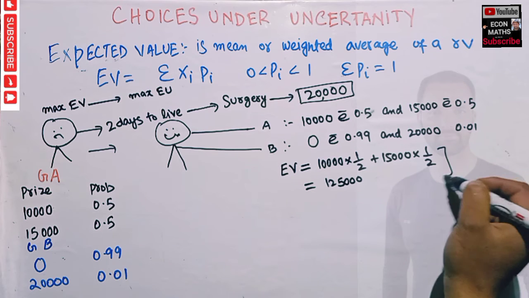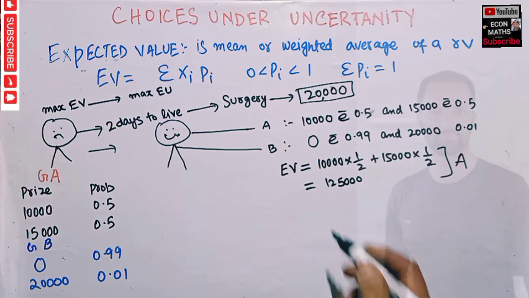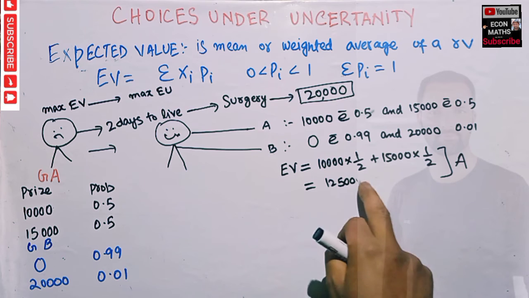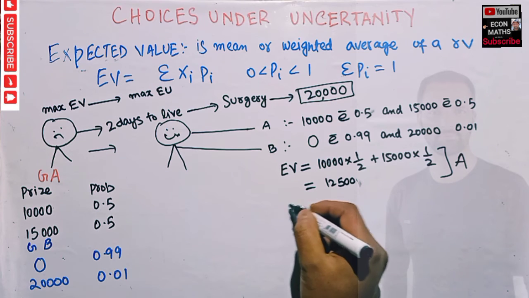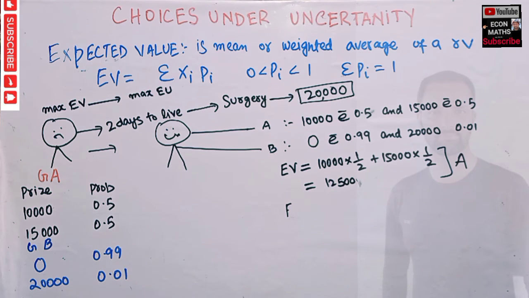So for gamble A, he receives $12,500. Okay, now for gamble B, what is the expected value of gamble B? Let me write it like this.